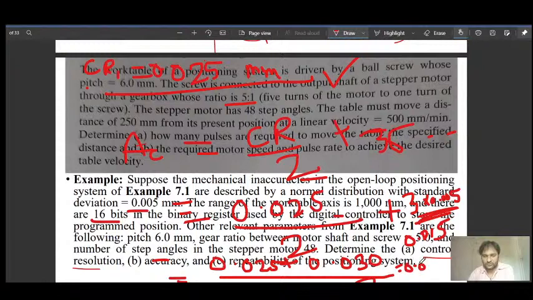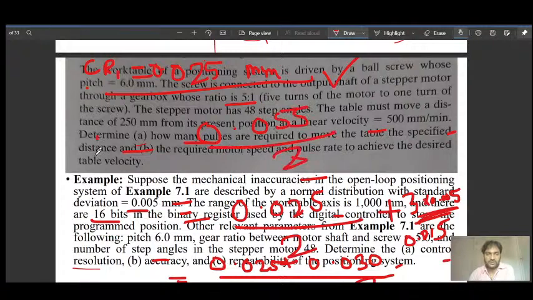So that is 0.055 divided by 2, that is your accuracy.